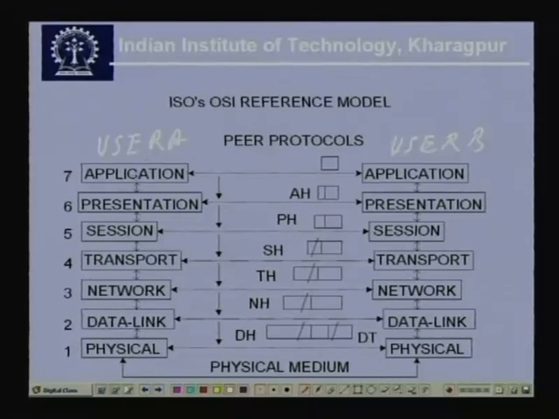So, this user A will send email, and it will go down this channel and it will reach user B. So, essentially user A is communicating with user B, and these are the layers which are used to pass the information through different layers, so that it reaches the other side in proper form and it is interpreted properly.